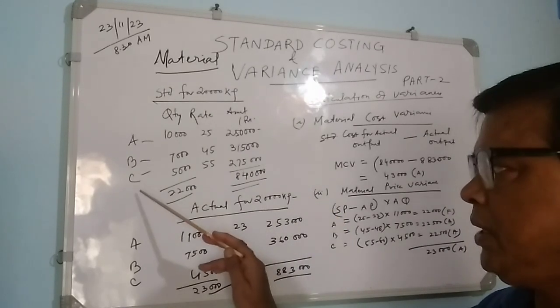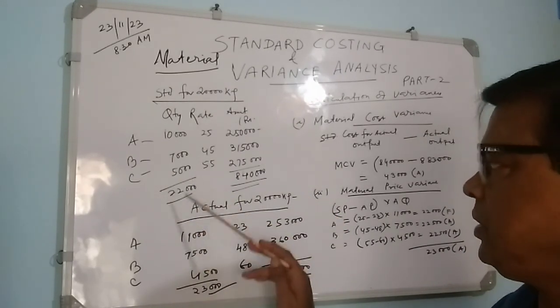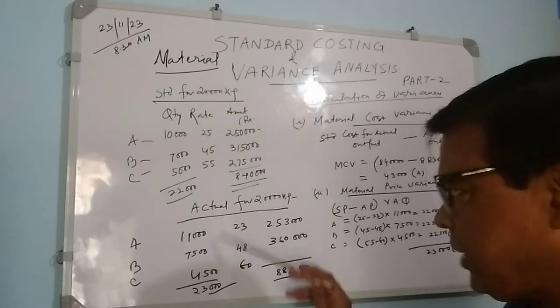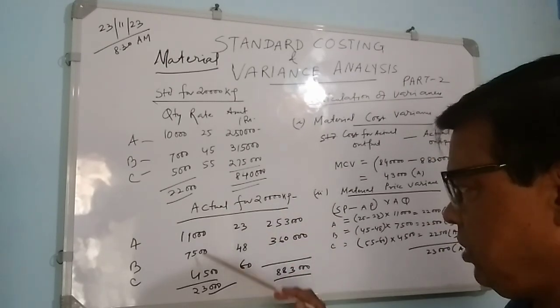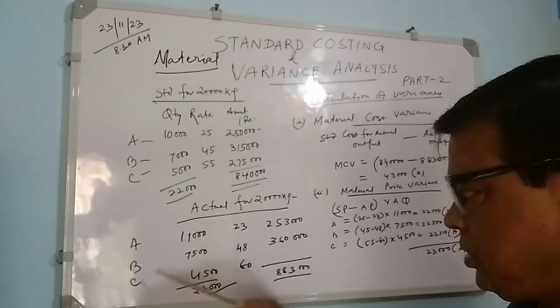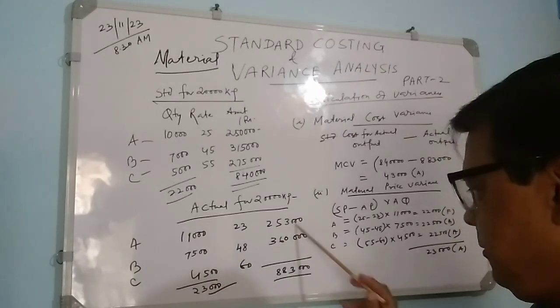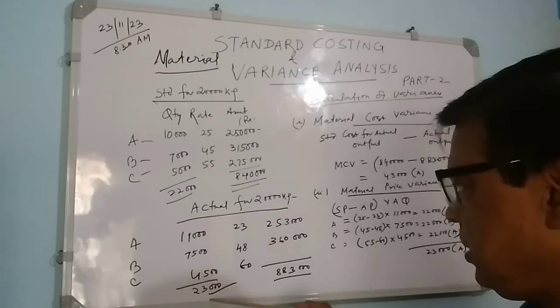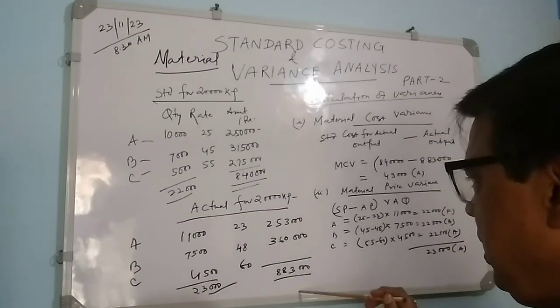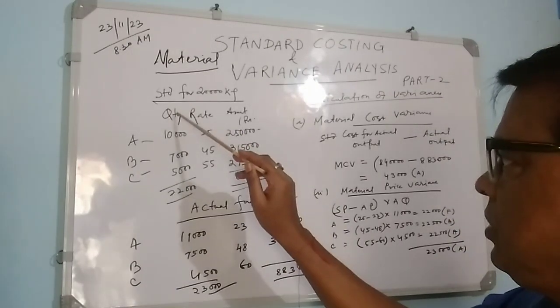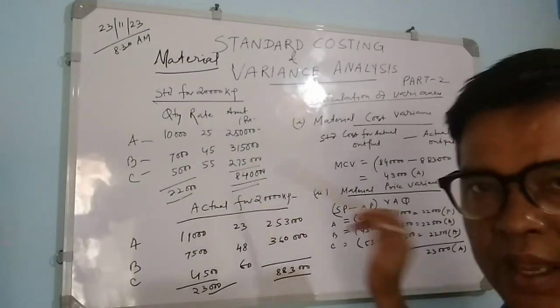C is another item, 5,000. The actual for this 20,000 kg is A 11,000, B 7,500, C 4,500. So the total is the actual quantity, and this is the actual amount.